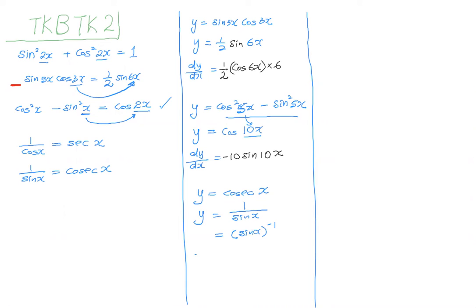Then I have to find the dy dx using the chain rule. Okay. Can I have someone tell me how to do this? Silvana? Yes. Can you please tell me how to do this? How to find the dy dx of this?